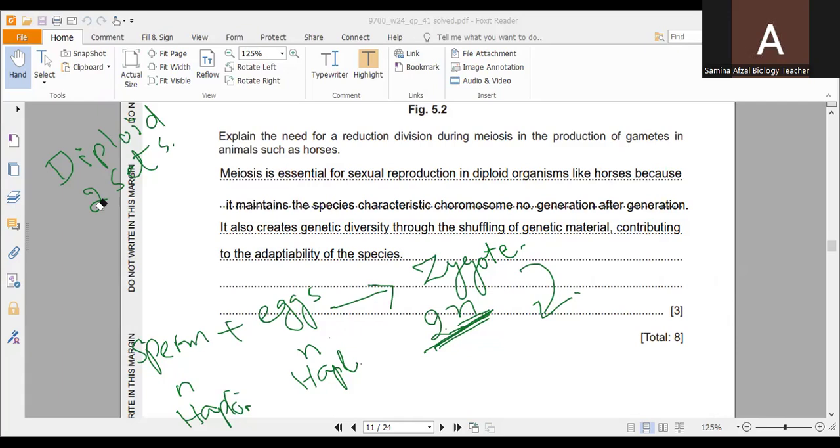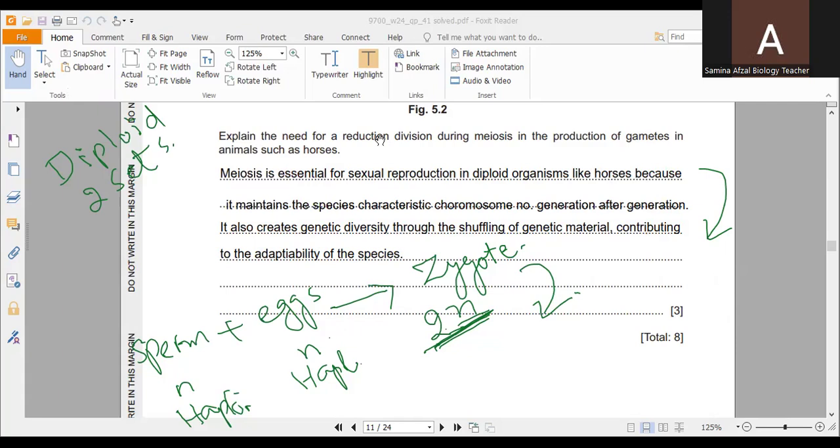In this way, the chromosome number should be reduced in the gamete cells, because it helps to maintain the chromosome number of that species. So meiosis plays a crucial role, because during meiosis the chromosome number is reduced to half, since it takes place in the gametes.